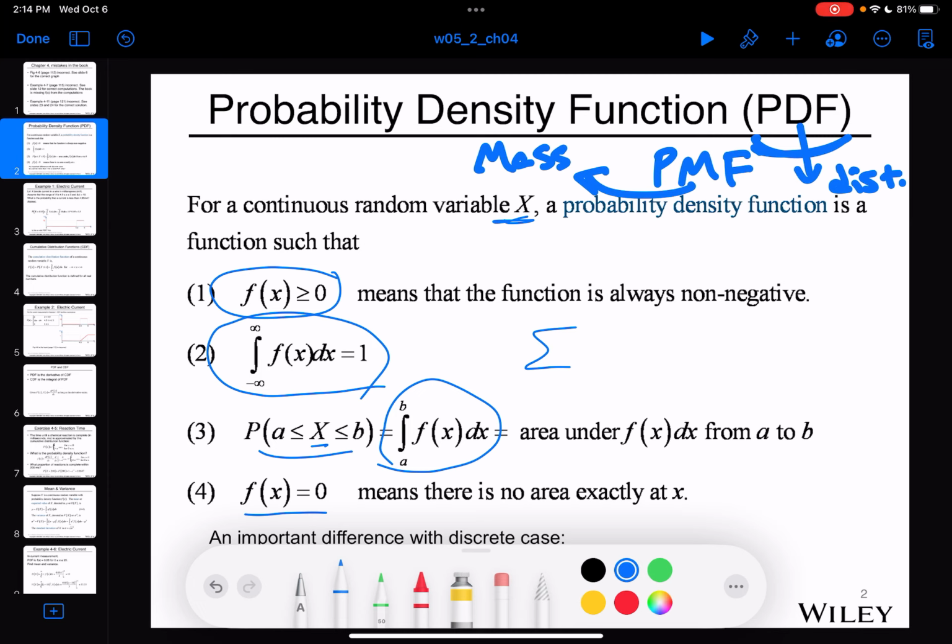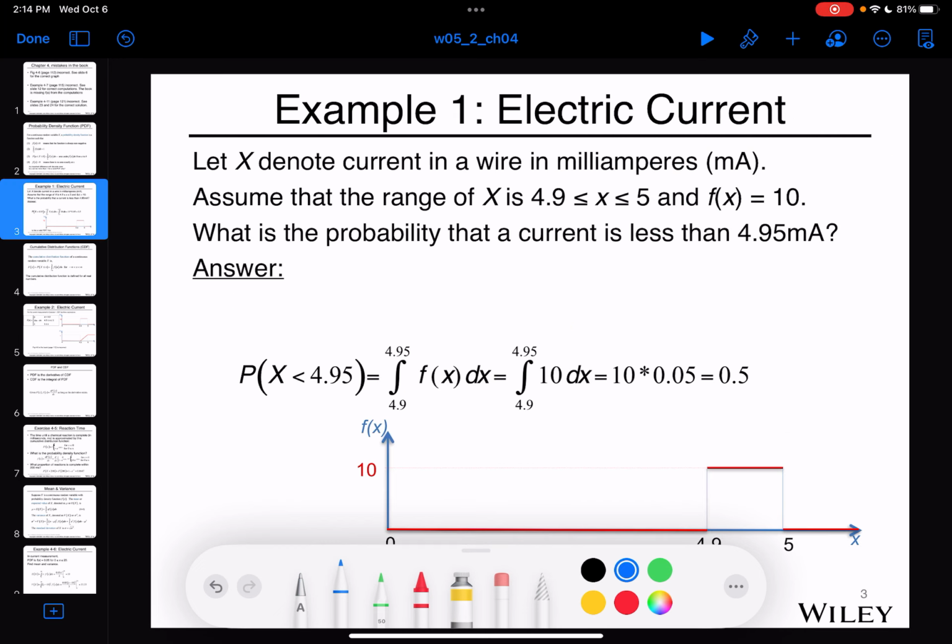So before I say what's missing, let's look at an example, right? And hopefully you remember what's missing. So X denotes current in a wire in milliamps, right? Assume that the range of X is between 4.9 and 5.